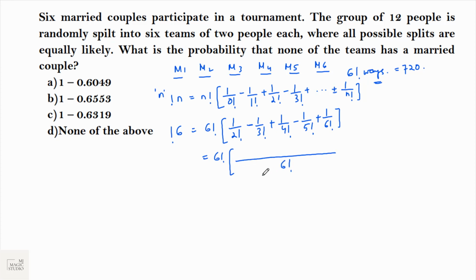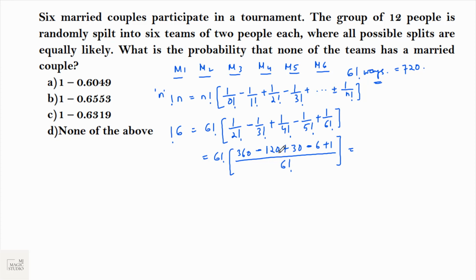LCM is factorial 6, 720. 720 by 2, 360, minus 720 by 6, 120, plus 720 by factorial 4, 6 into 5, 30, minus 6 plus 1. Factorial 6 cancels out.